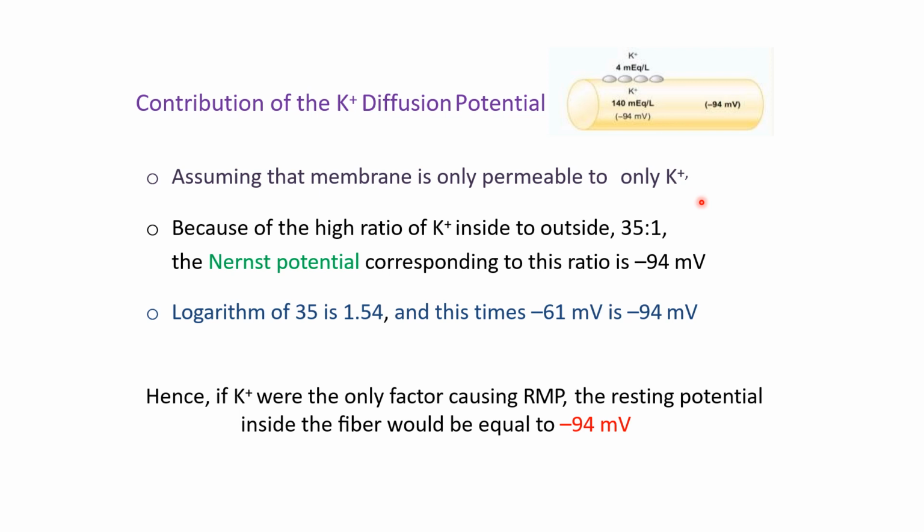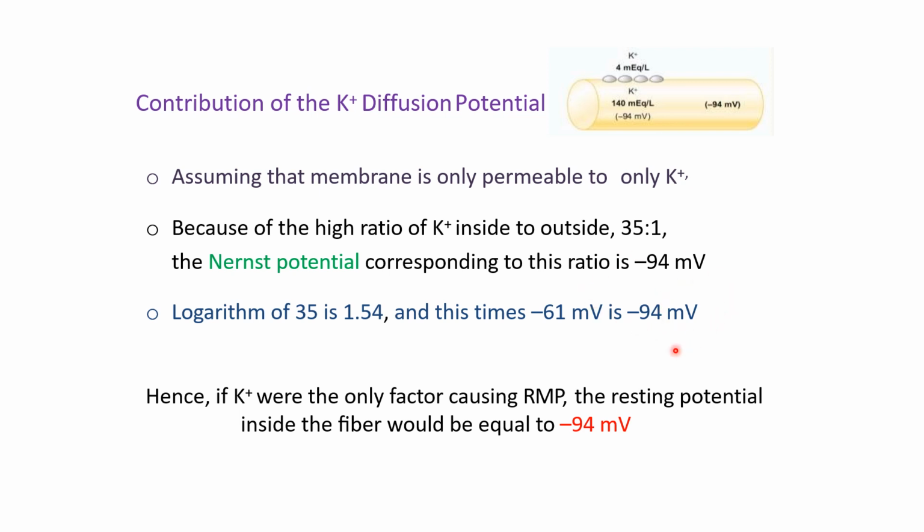So how does the potassium diffusion potential contribute to the resting membrane potential? If the membrane is only permeable to potassium, the high ratio of potassium inside to outside, that is 35:1, gives a Nernst potential of minus 94 millivolts. The log of 35 is 1.4, and 1.4 multiplied by minus 61 is minus 94 millivolts.